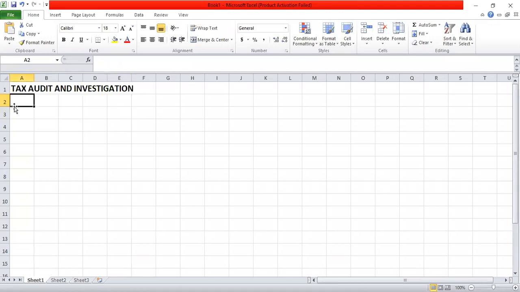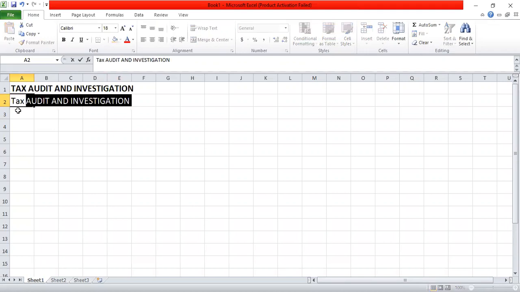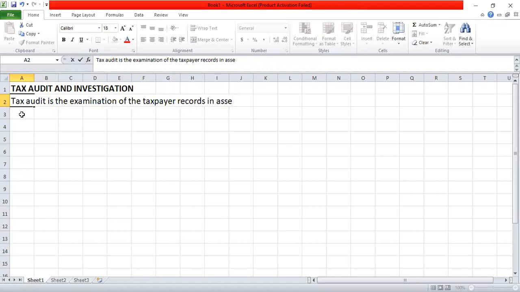When it comes to tax audit, that is about examining the taxpayer's records to check whether the taxpayer is complying or not complying. So we can say that tax audit is the examination of the taxpayer's records in order to assess tax compliance.